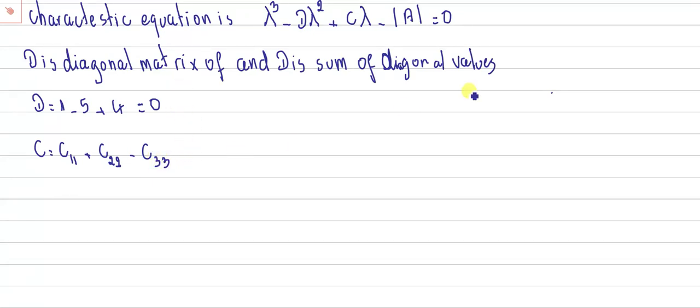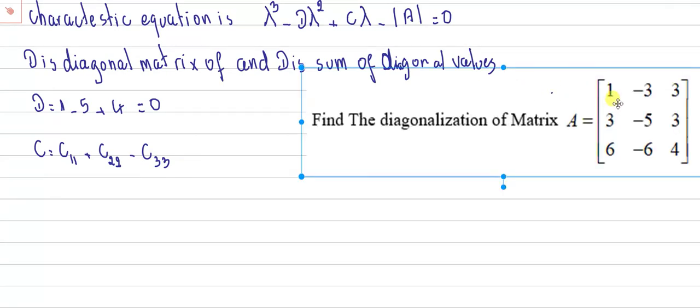For C11, we omit this row and this column.